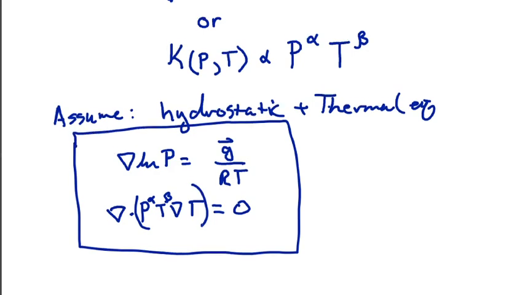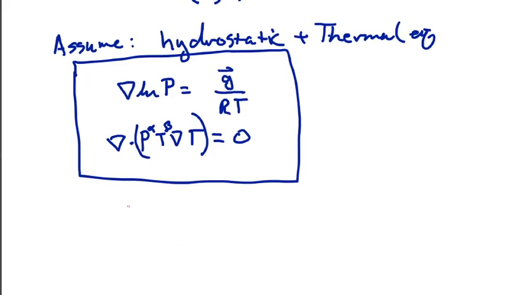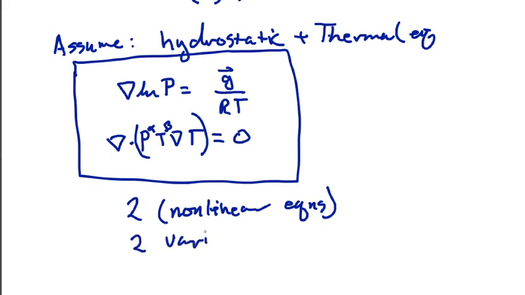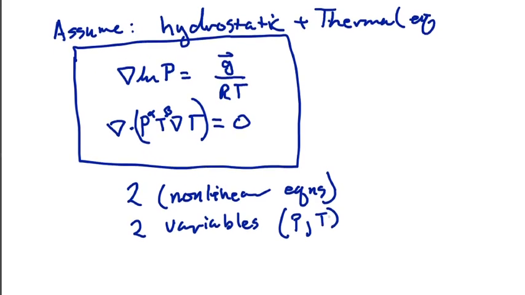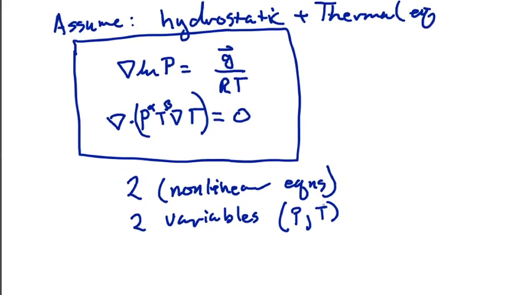There are two nonlinear equations. There are two variables here, P and T, and with two equations, two variables, we can actually solve this as a nonlinear boundary value problem.